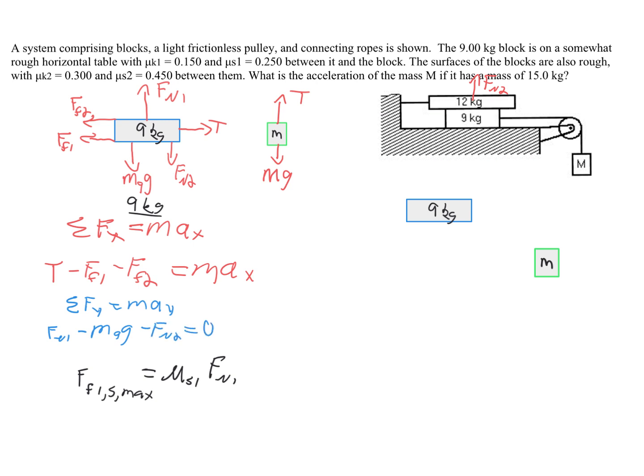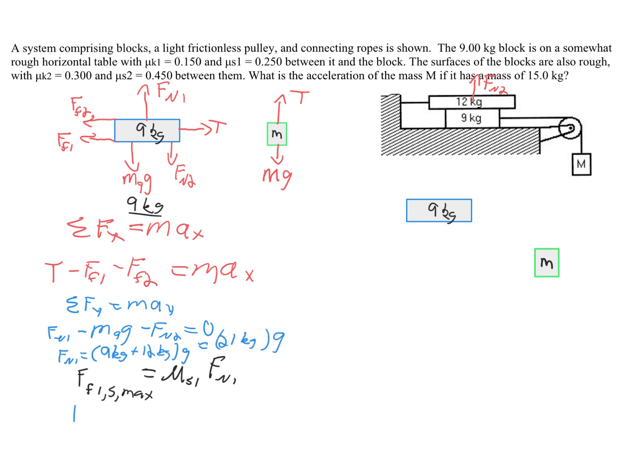What that would give us is a scenario where Fn1 would end up being equal to the 9 kilogram mass plus the 12 kilogram mass times gravity. So we'd have a normal force that's equal to 21 kilograms times gravity.